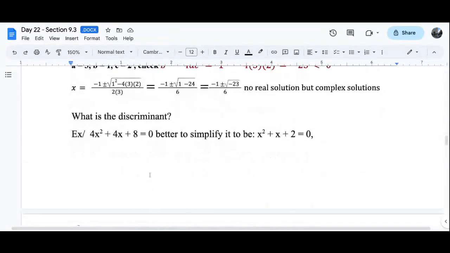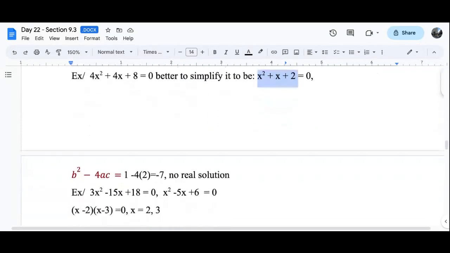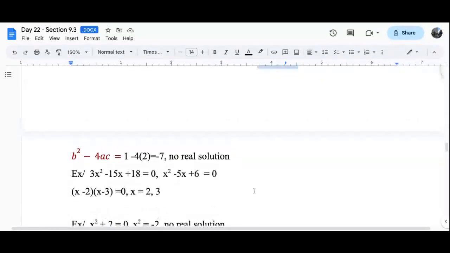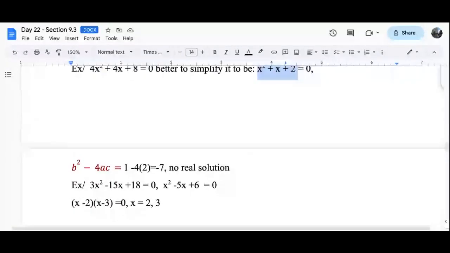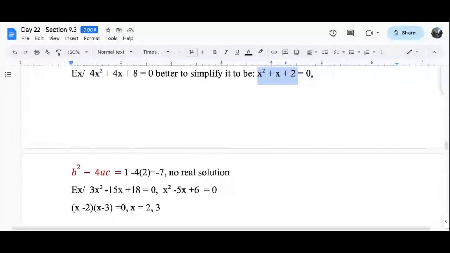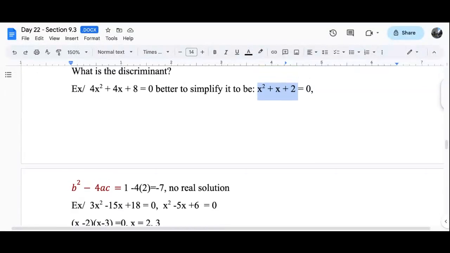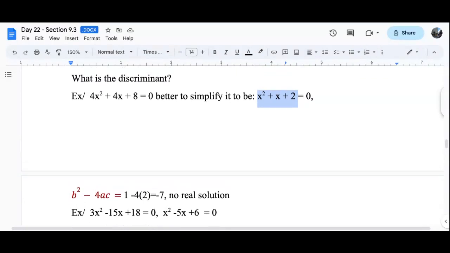What is the discriminant if we have 4x squared plus 4x plus 8 equals 0? We need to simplify it, right? When we simplify, we divide every term by 4. So we get x squared plus x plus 2 equals 0. So b squared minus 4ac equals 1 minus 4ac, right?